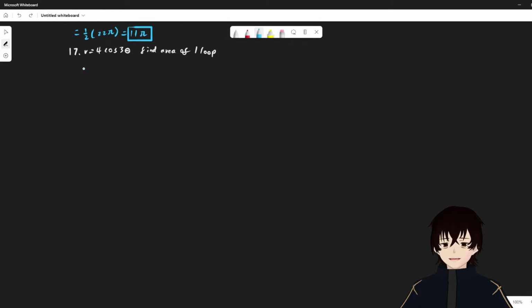Therefore, I can say we have 2 times 1/2, because we have 2 half loops, from 0 to pi over 6. Hang on. 2 pi divided by 3. 2 pi divided by 6. So pi over 3. Yeah.